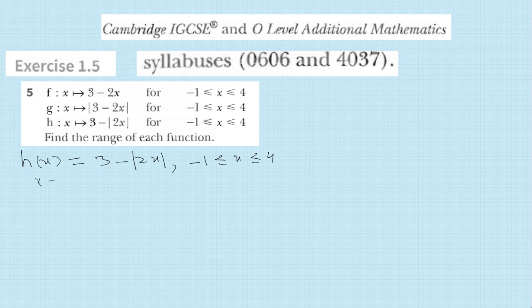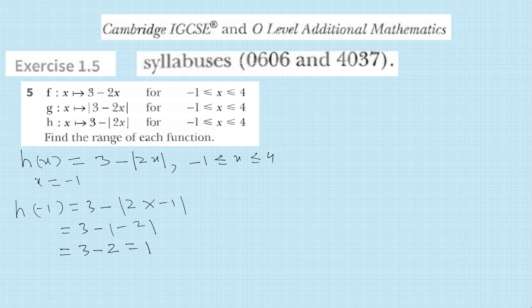So x = -1 and h(-1) = 3 - |2 into -1|. So 3 minus, and the absolute value of minus 2 is positive 2. Answer is 3 minus 2, 1.